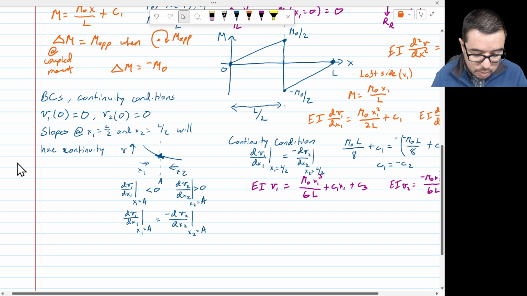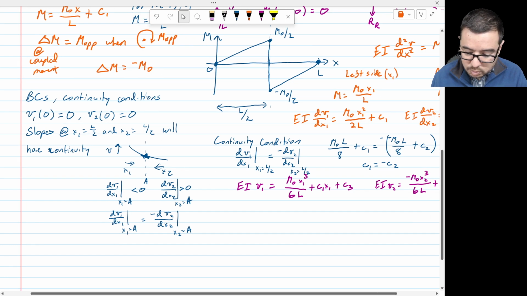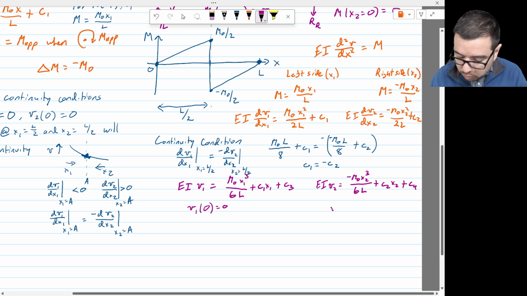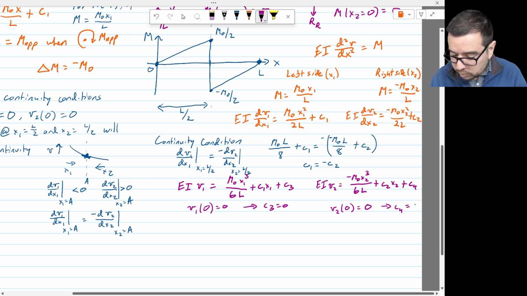Okay, and in this case, it's probably not a bad idea to look at this boundary condition that we wrote up here, that v1 of 0 is 0 and v2 of 0 is equal to 0 as well. If we plug those in, then we see that c3 is equal to 0, and c4 is equal to 0.